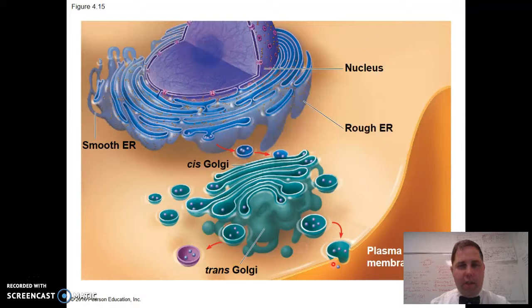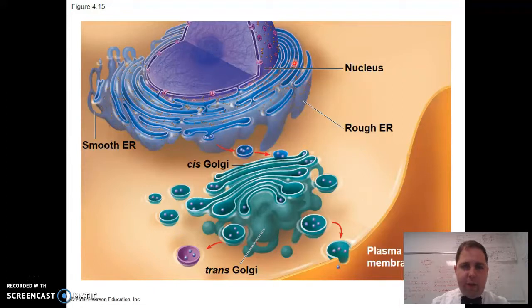And so to look at the whole process from start to finish, we can begin with DNA that's found in the nucleus. The nucleus contains that DNA, but it does allow RNA, mRNA, to exit through the nuclear pores. And that mRNA can find its way to the rough ER, which is studded with ribosomes. Those ribosomes can translate that mRNA into protein.